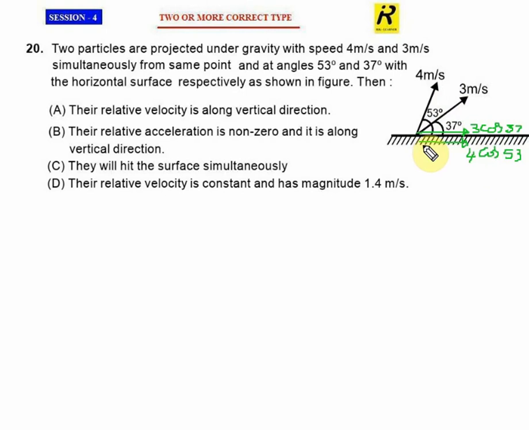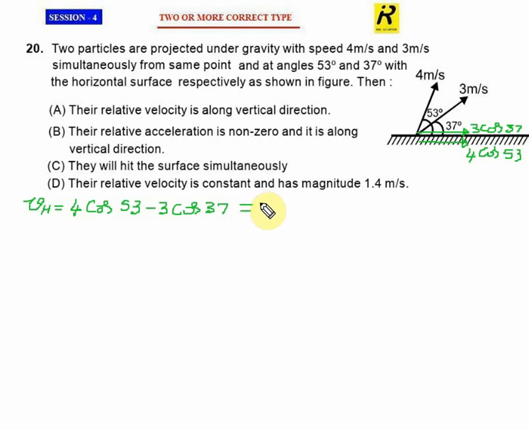So now the relative velocity between the two can be calculated like this. The relative velocity along the horizontal equals 4 cos 53 minus 3 cos 37.